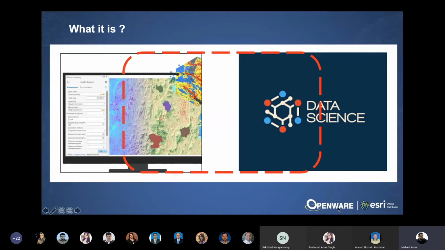So if a data scientist is a journalist, someone capable of negotiating and bridging the domain of data analysis and building models of complex data sets, then a spatial data scientist is someone who can do this in the spatial domain, and this is what spatial data science is.